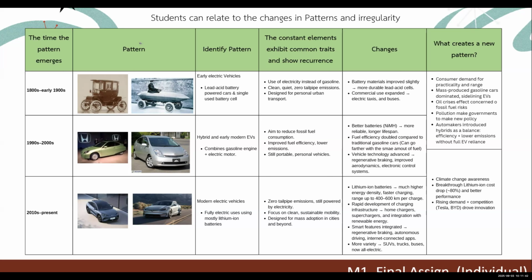The next pattern is hybrid and early modern EVs, which combine a gasoline engine and an electric motor together. During this era, the Toyota Prius used a new NiMH battery, which is more reliable, has a longer lifespan, and can go longer with better battery efficiency.